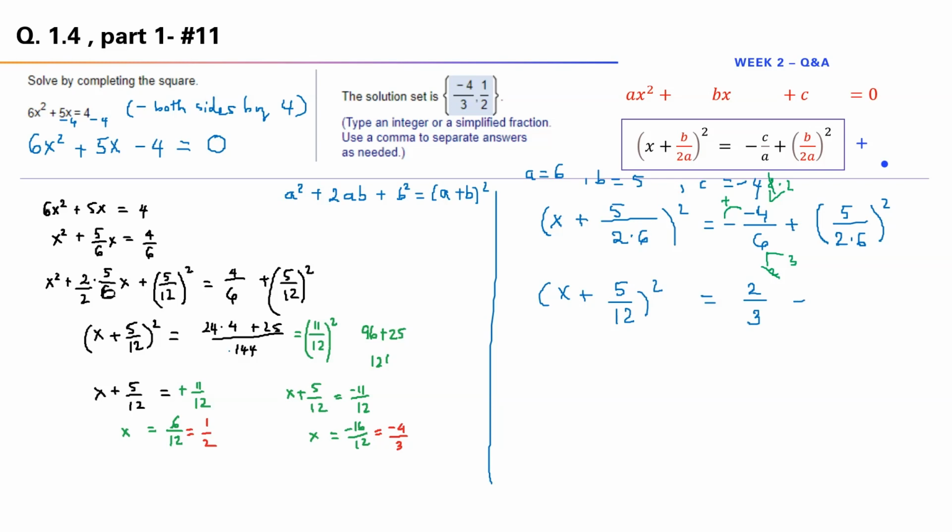Alright, now inside of the parenthesis is (5/12)². So you see that step is similar.